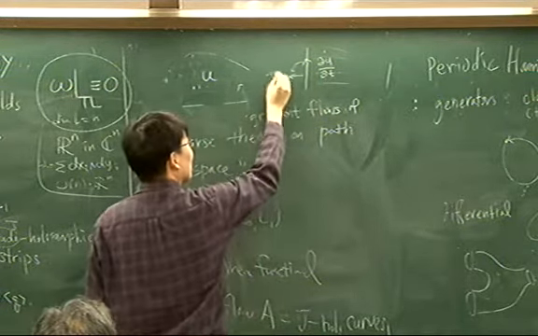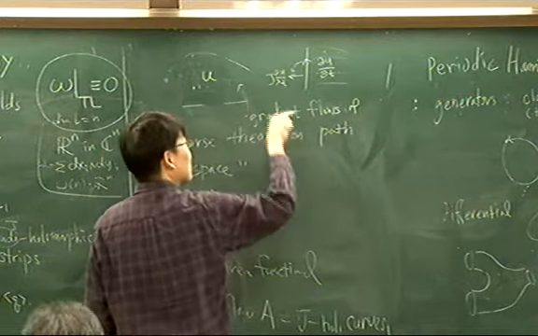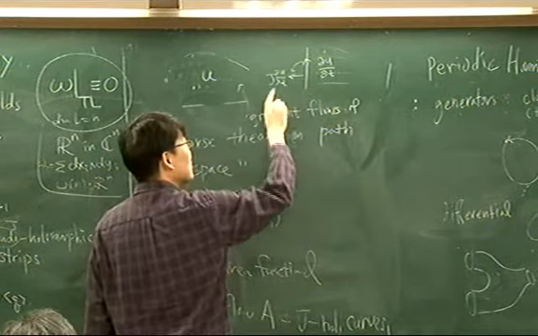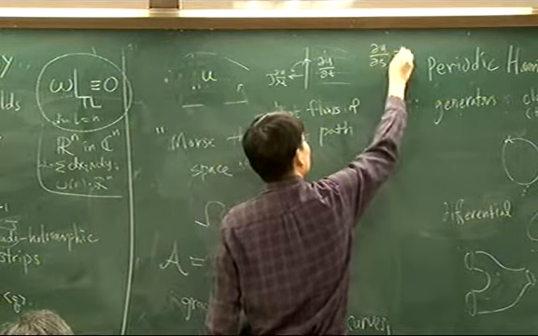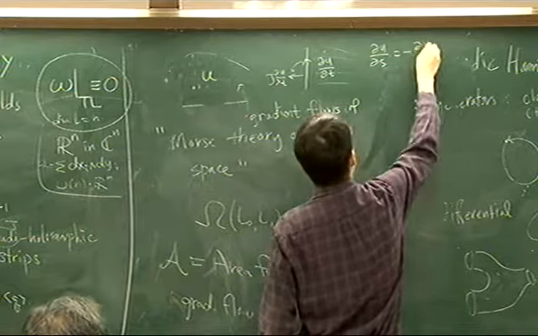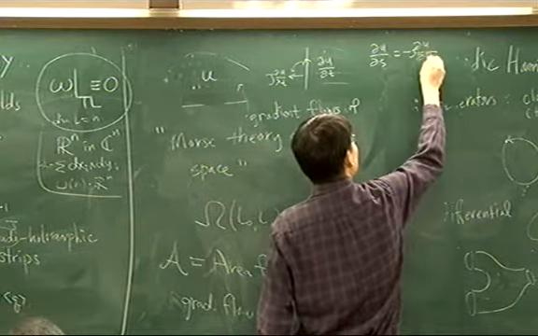So this is J ∂u/∂t. But your flow is actually the opposite of this direction. So ∂u/∂s minus J ∂u/∂t.